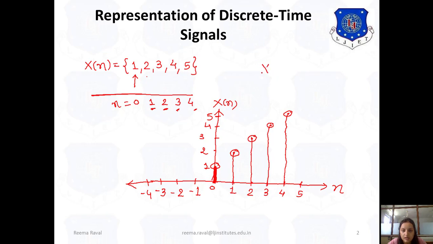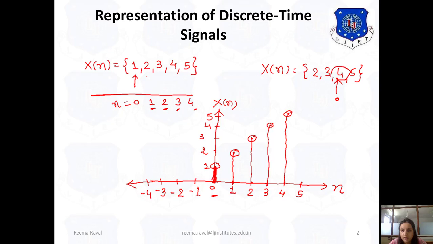Similarly, let's consider the example where x of n equals 2, 3, 4, 5. Okay, and in this example, if the arrow is at value 4, that means this indicates the origin value. That means at n equals 0, its value will be 4.